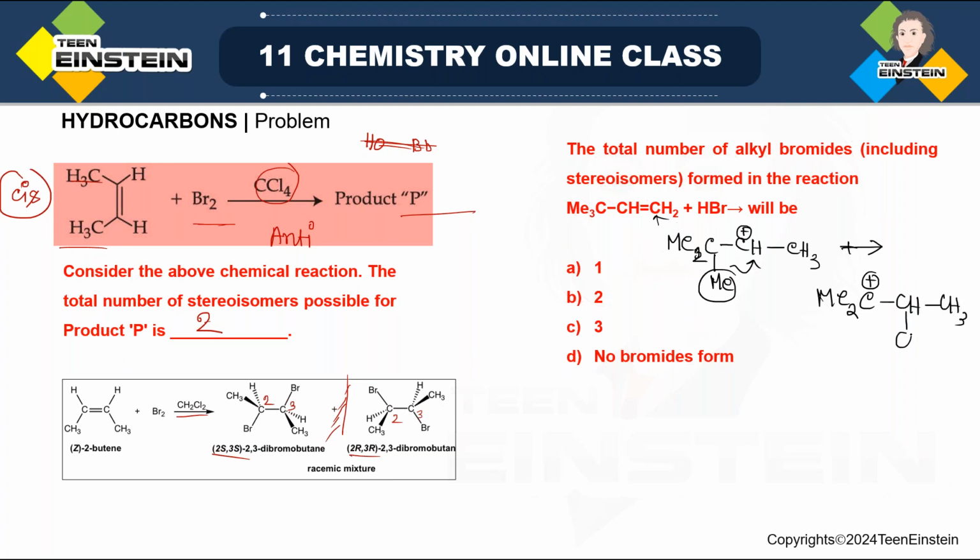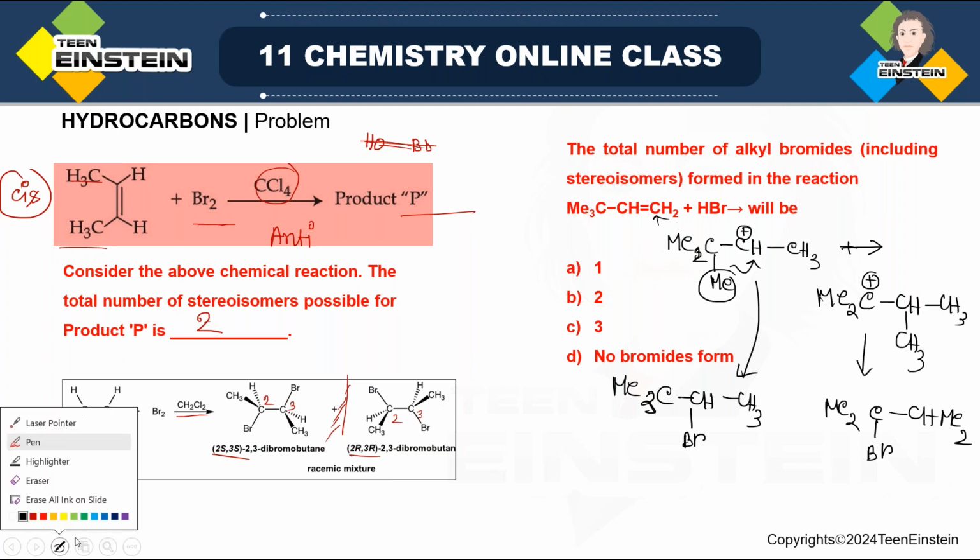So from this, finally, when you add bromine, you will get a product like this, CHMe2. But if you consider this one, before rearrangement, Me3C, CHBr, CH3. Another isomer we have not considered because that is very unstable.